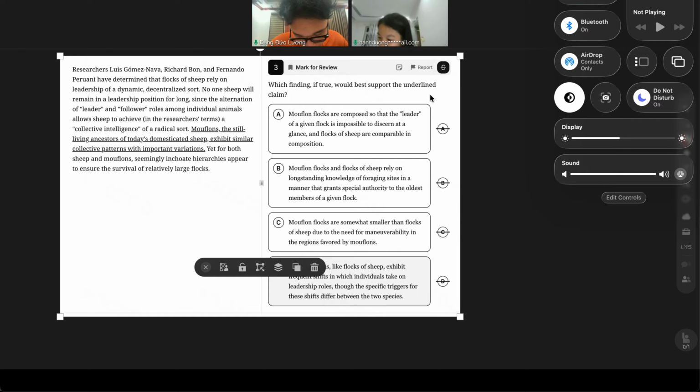Okay, yeah. Because it requires you to find the evidence for the hypothesis. The hypothesis could be right and could be wrong, right? So they will require you to find the answer that will support or weaken the underlying claim.